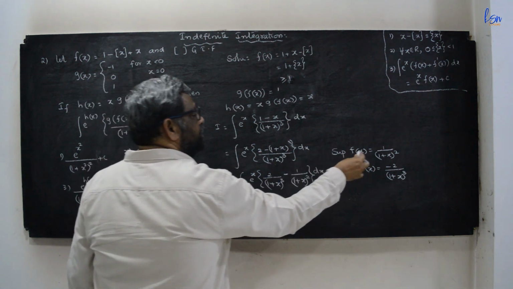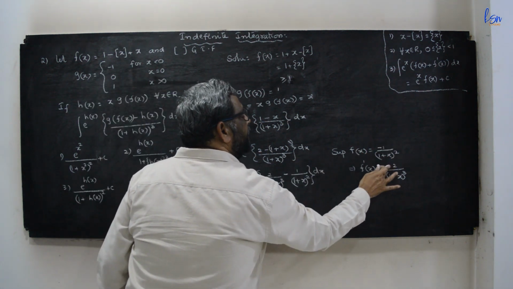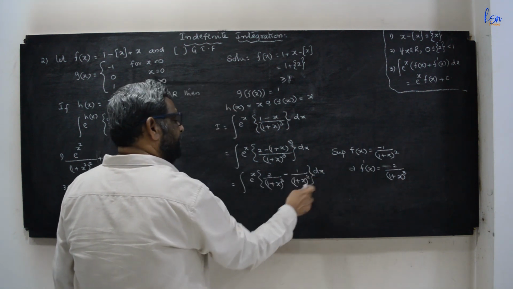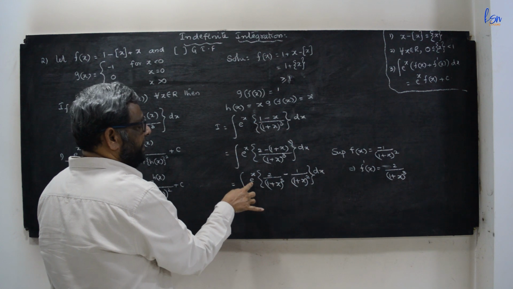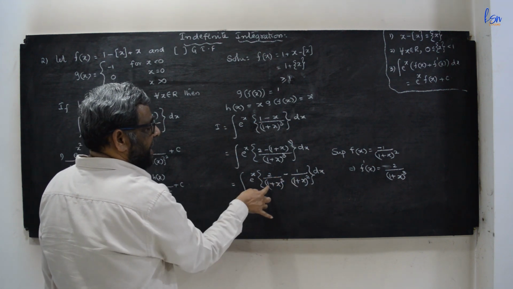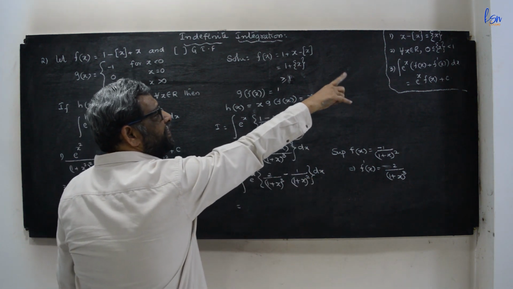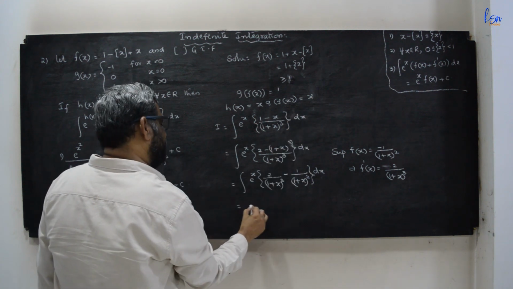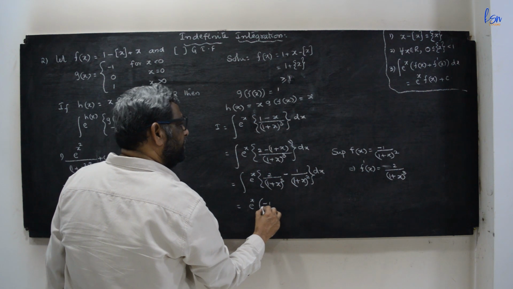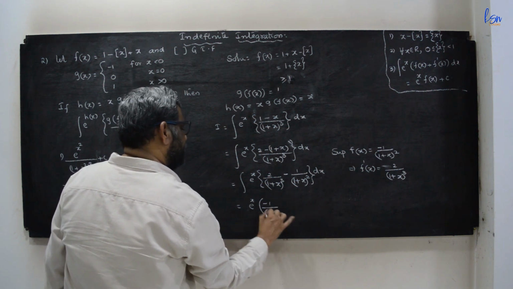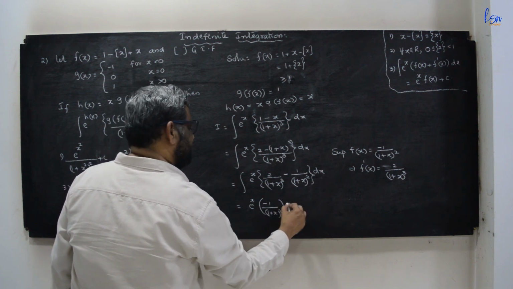So if you put minus here, it will become positive. So this is f x and this is f dash x. It is in the form of e power x into [f x plus f dash x] dx, which equals e power x into f x. So e power x into minus 1 by (1 plus x) whole square plus c.